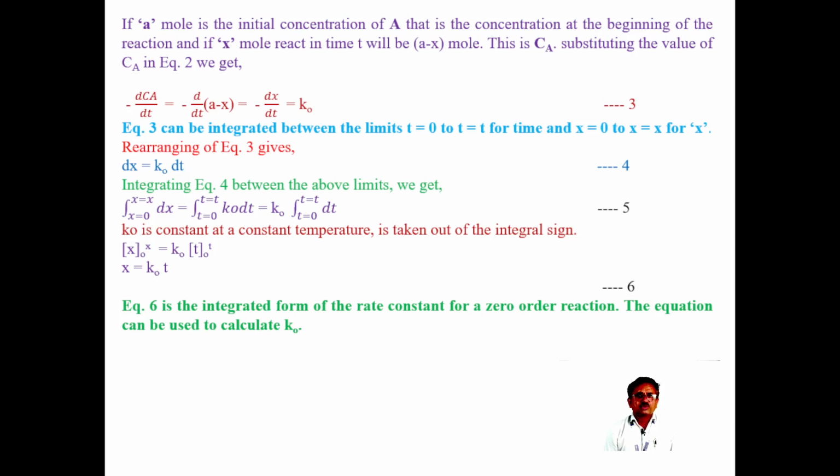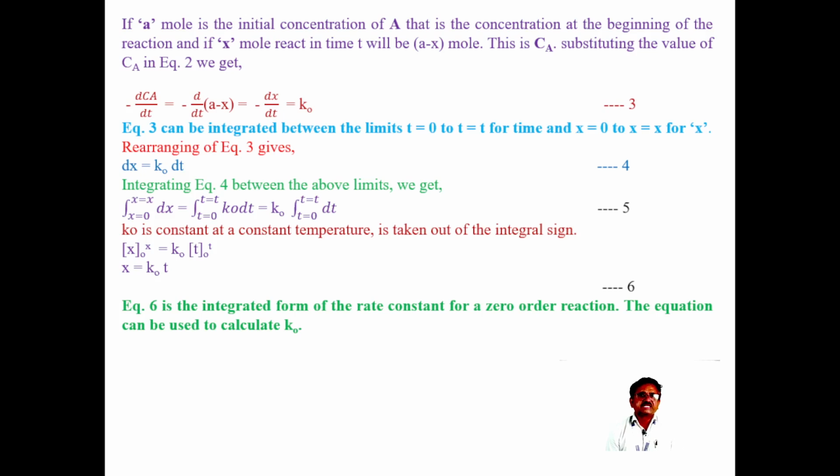Integrating equation 4 between the above limits, we get the integration from x equals 0 to x of dx equals the integration from t equals 0 to t of k0 dt, that equals k0 times the integration from t equals 0 to t of dt, because k0, being a constant at a constant temperature, is taken out of the integral sign.